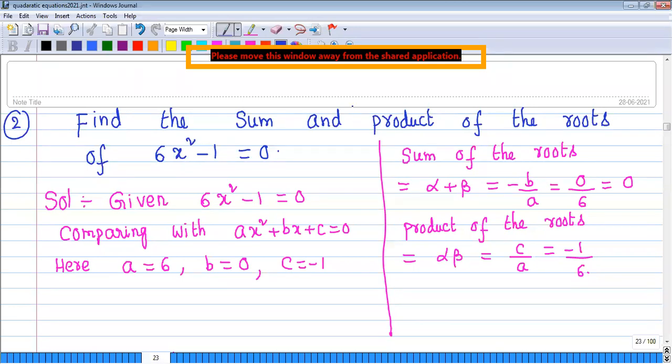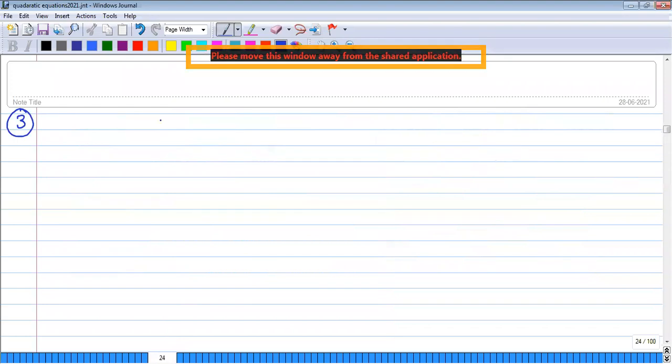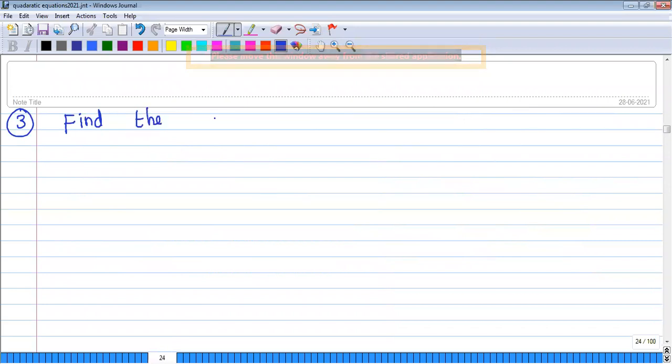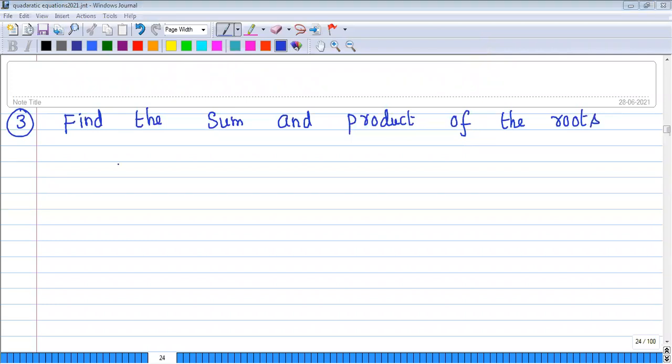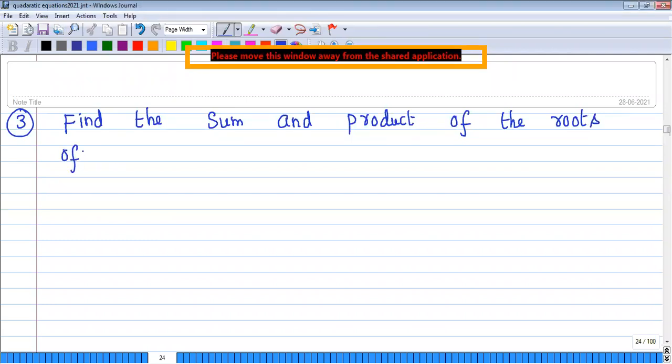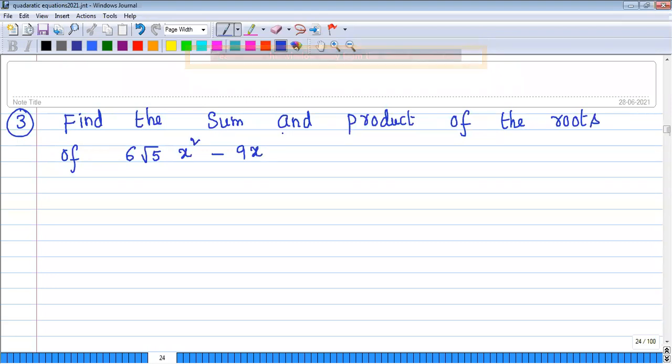Find the sum and product of the roots of 6 root 5 x square minus 9x minus 3 root 5 equals to 0.